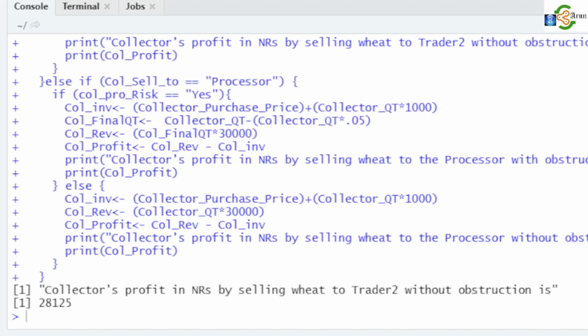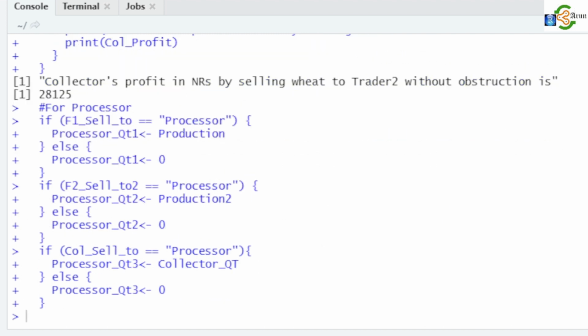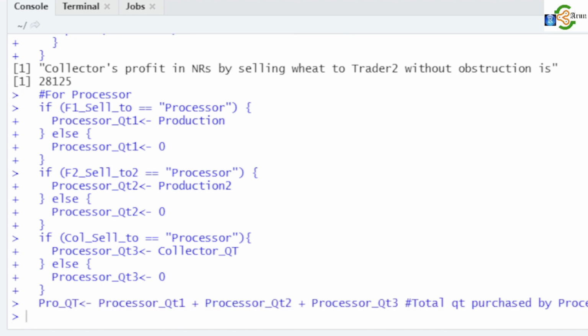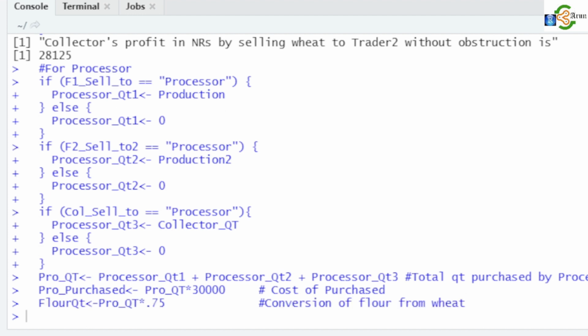Let's do this programming for the processor. Here are several pieces of code running in the background, and we will calculate the purchase quantity for the processor, how much it will cost to purchase, and how much flour it will produce, because from wheat to flour the quantity will change.